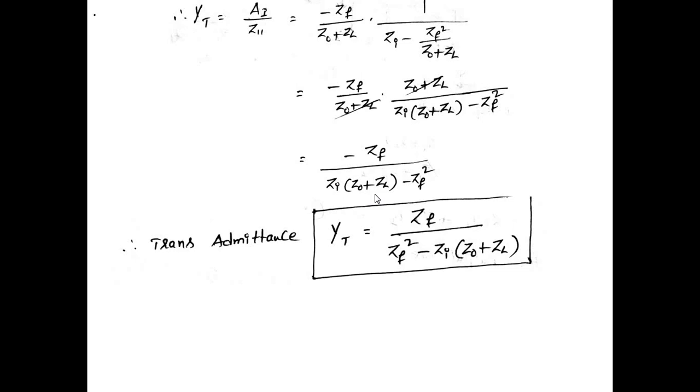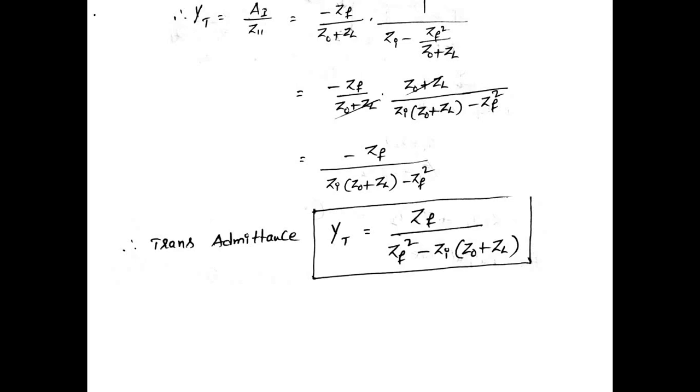Just remove this minus and write Zf square minus Zi into Z0 plus ZL. This is the basic formula for transadmittance. Transadmittance YT is equal to Zf divided by Zf square minus Zi into Z0 plus ZL.